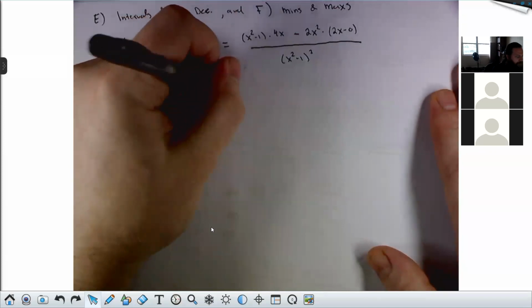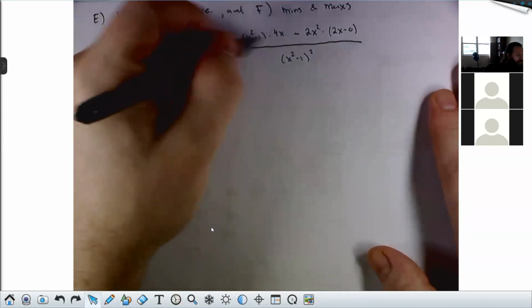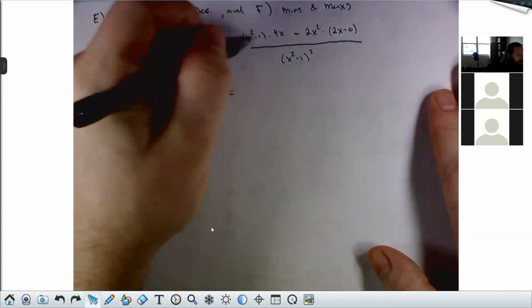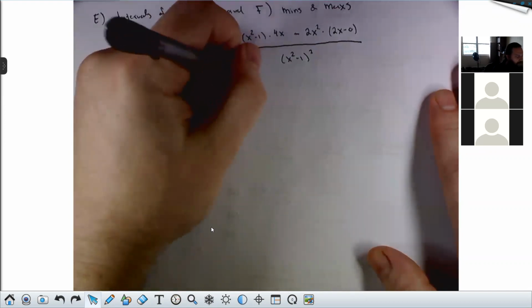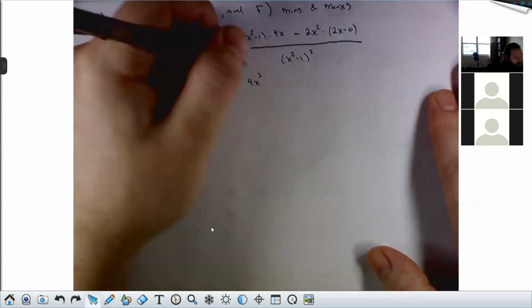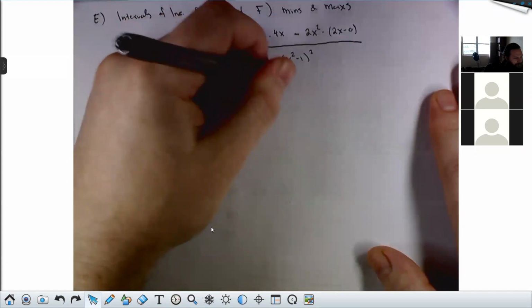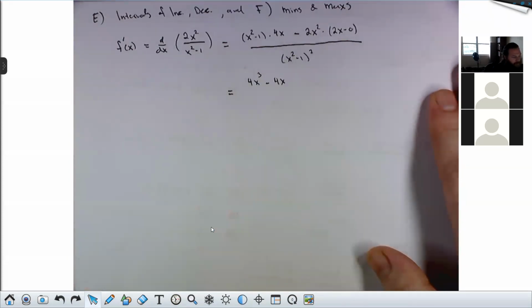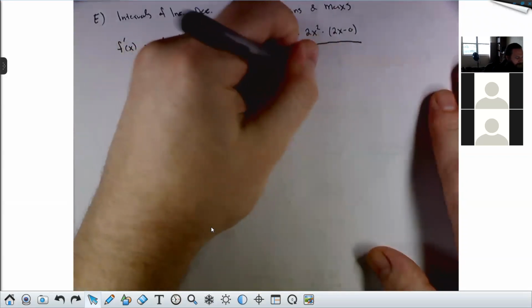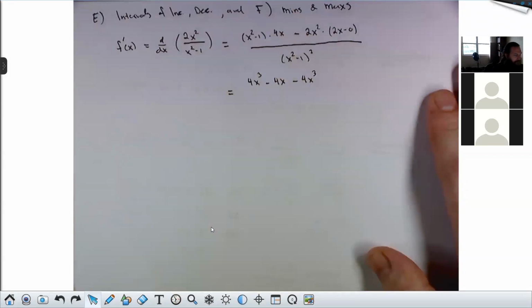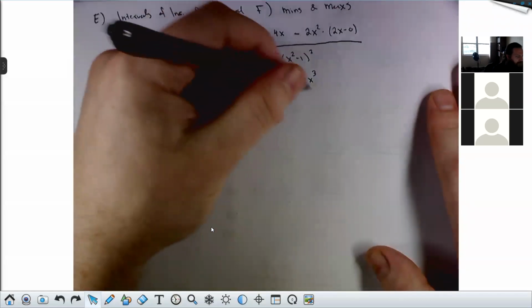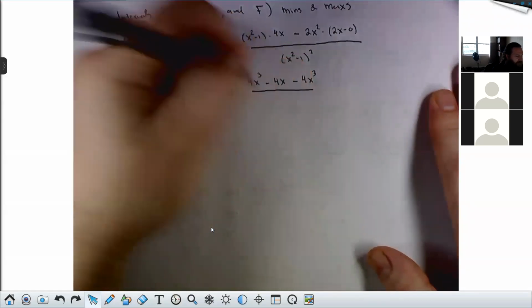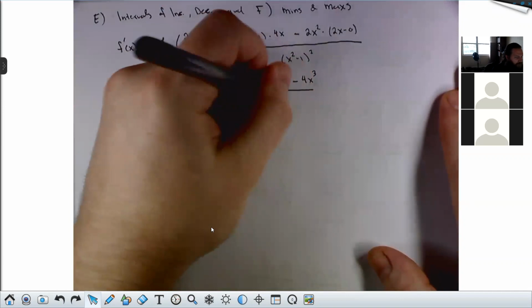And we can simplify this. I can distribute my 4x here, and I'll get 4x cubed minus 4x. I can distribute the negative 2x squared here, and I'll get minus 4x cubed. And then downstairs, I still have x squared minus 1, squared.